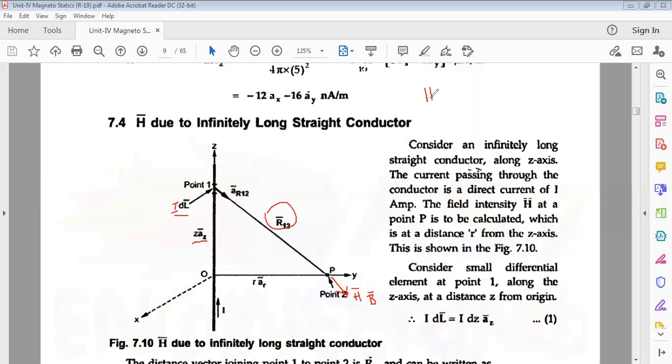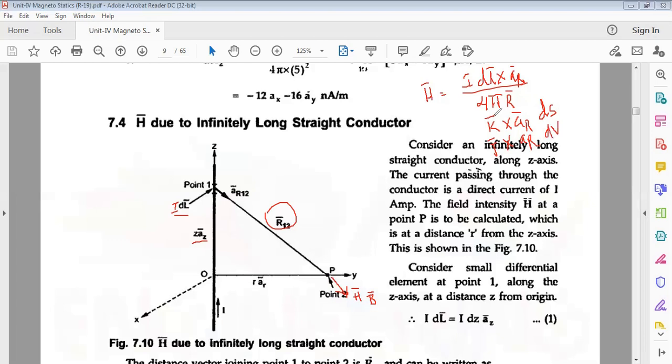You know that H bar, due to the line charge, is I into dl bar cross a_R bar divided by 4 pi R squared. For a surface charge it is K bar cross a_R bar into ds, and for a volume charge it is J bar cross a_R bar into dv.